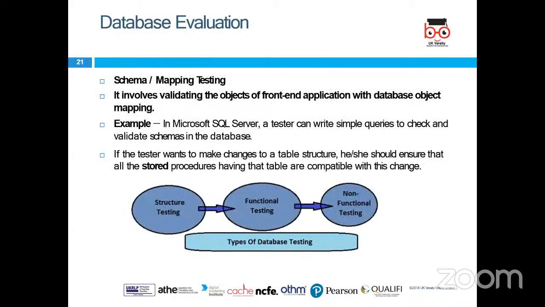All this testing can be carried out on our schema, or even our mapping testing. By mapping testing, we create a roadmap, a flow chart of how we're going to carry out these tests, which involves validating the object on the front-end application with the database object mapping.